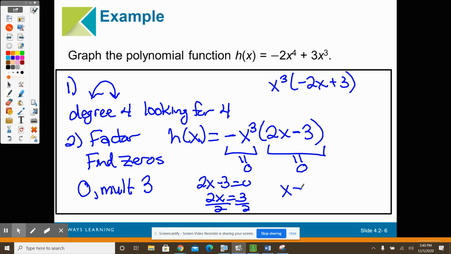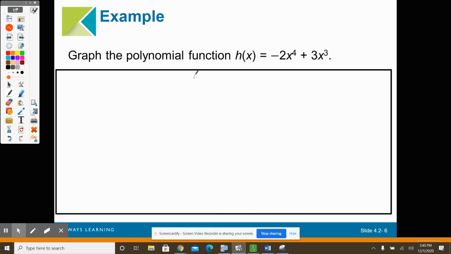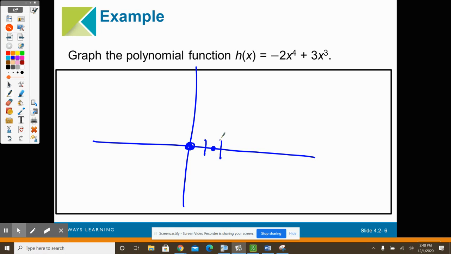And I get 1.5 as multiplicity 1. So we are going to graph that and our y-intercepts. Okay, so what I got here? I got 0, and I got 1.5. Y-intercept is 0, so it's already graphed.